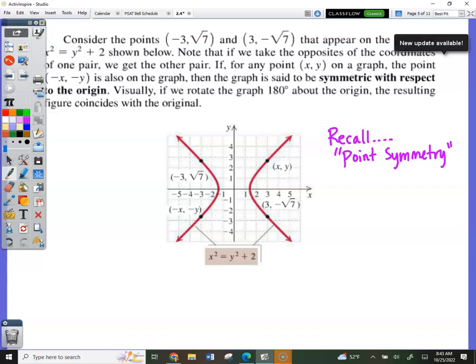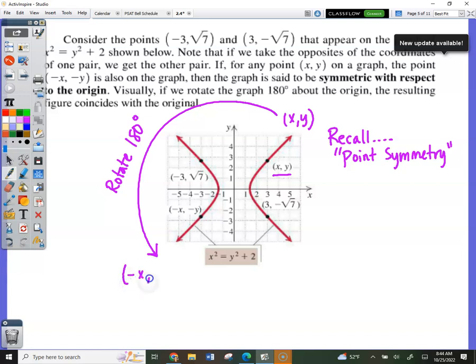Let's take some notes. Here's a rational expression. Let's say for any xy, we're going to just put right here xy. If you rotate 180 degrees, now this part you should remember from geometry.